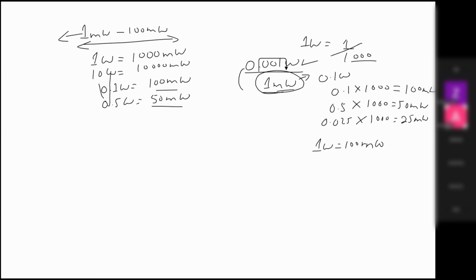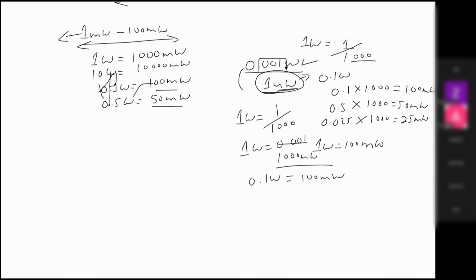So 1 watt is equal to 1000 milliwatts. Similarly, if the signal degrades to 0.1 watt, a very small signal, you multiply 0.1 by 1000, then you arrive at 100 milliwatts.